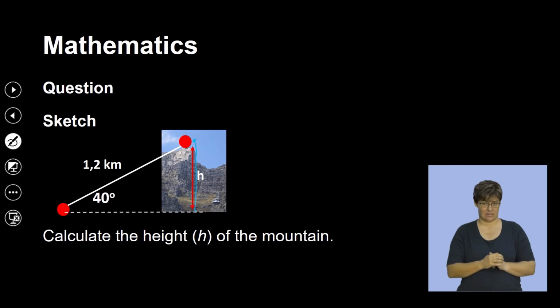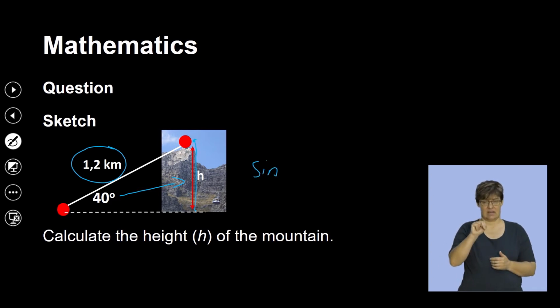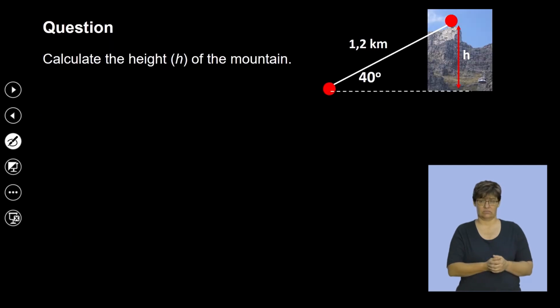So you can see here that I have the angle there making H to be the opposite side and making this to be the hypotenuse. So you can solve this using the sine ratio, right? I'm sure that you can do that. So let's quickly look at it.